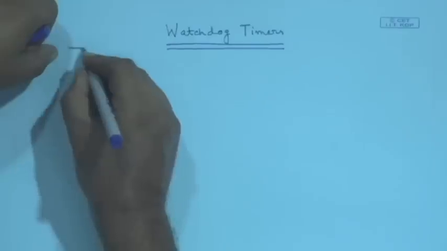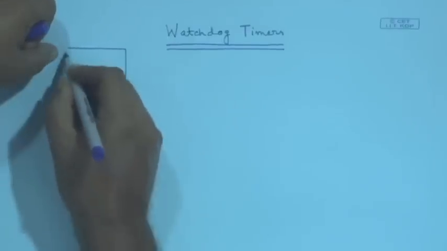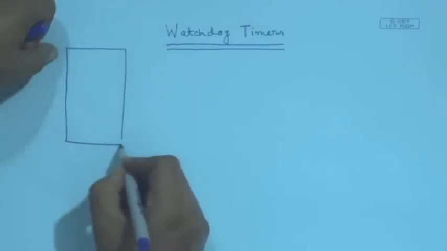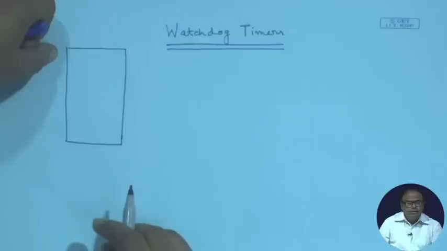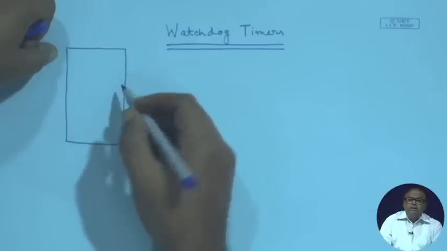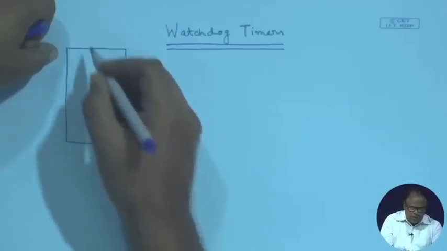Watchdog timers are as if a watchdog, a timer, is watching out for an event to occur. Say, for example, there is a machine M, and I want to monitor the health of this machine.